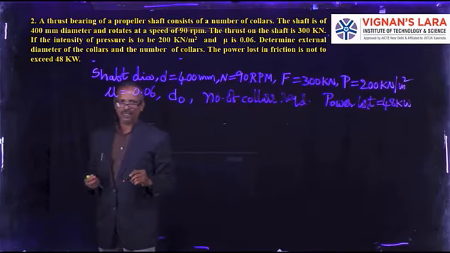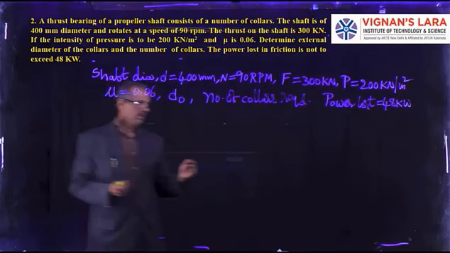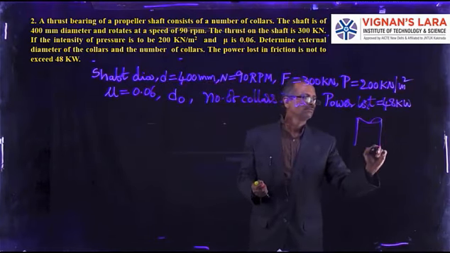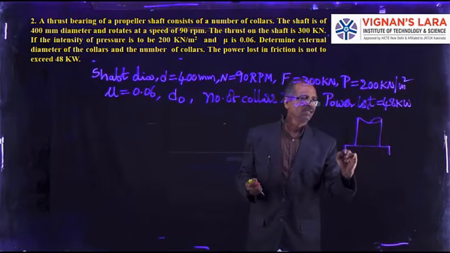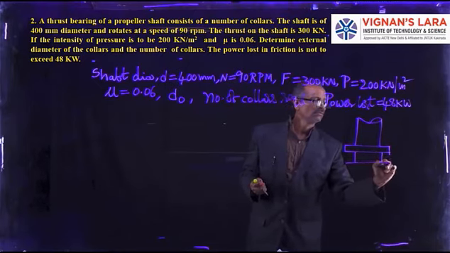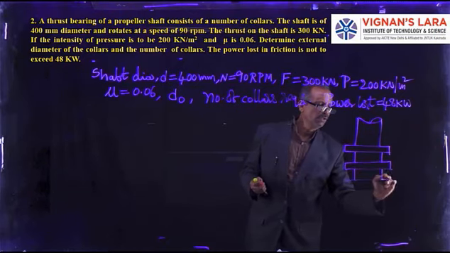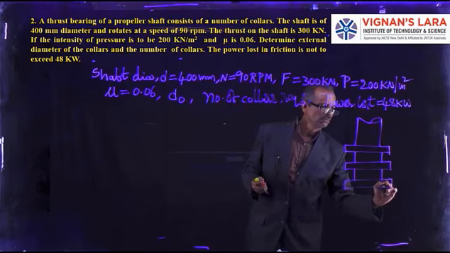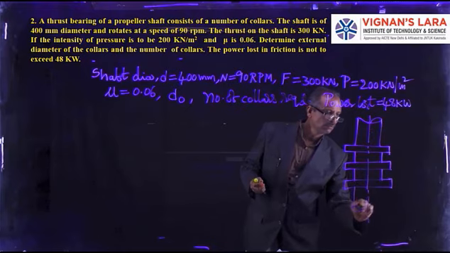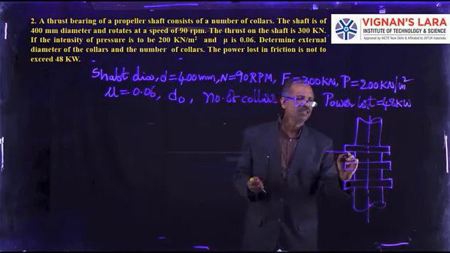This is a thrust bearing. A thrust bearing is one which is like this. I will show you here. There is a shaft where there are a number of collars, and it rests at different locations.